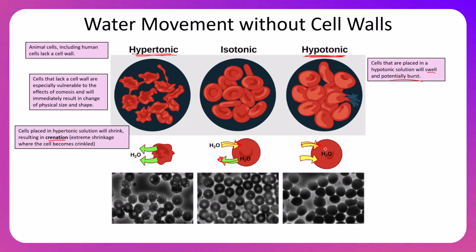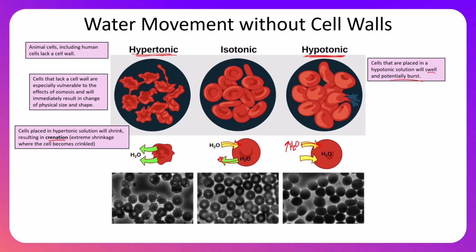Water moving in, that's because there is a higher water concentration outside of the cell than there is inside. Water moves from high water concentration to low water concentration, or you can think of it as water moves from low solute concentration to high solute concentration.